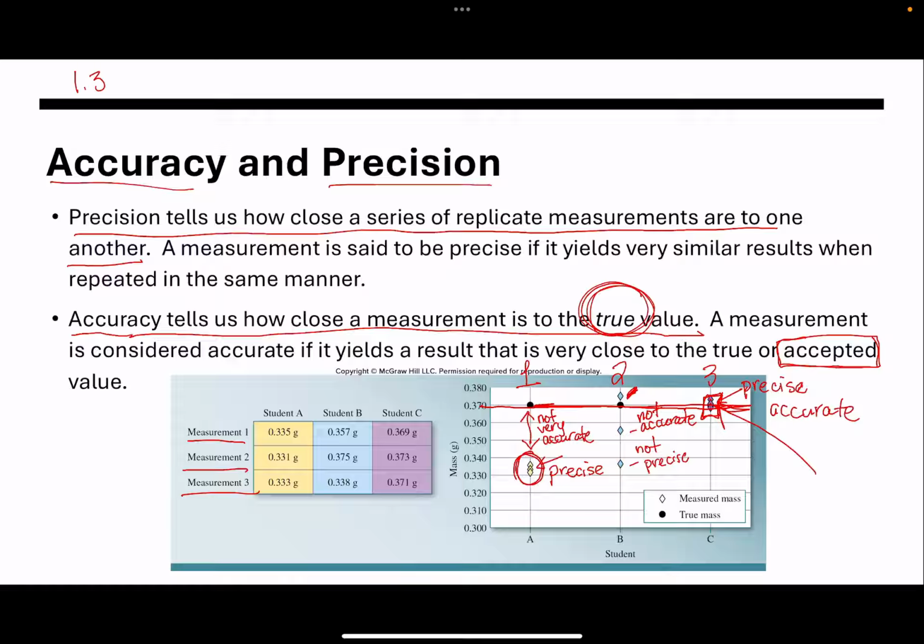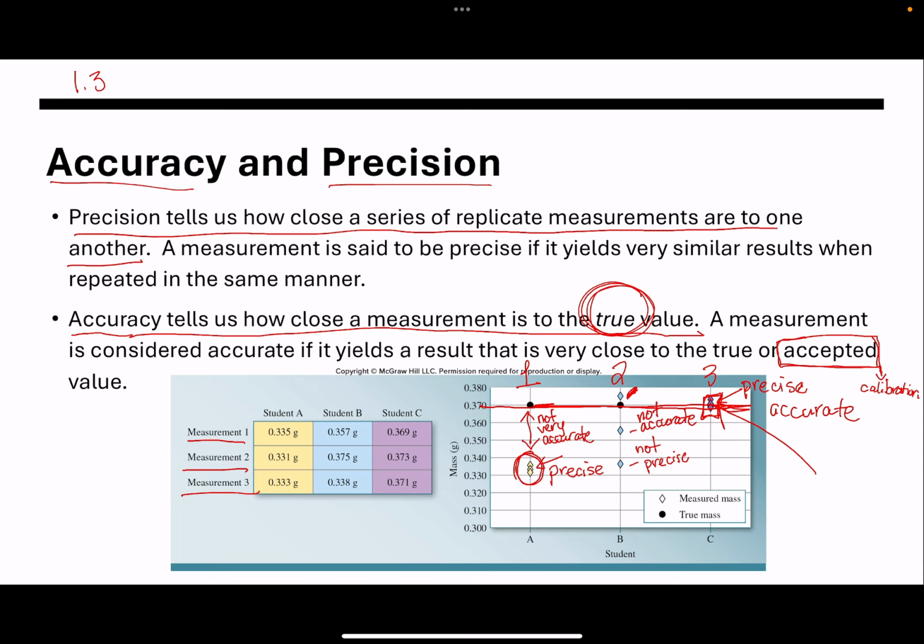So, to keep instruments close to the accepted value in the lab, we usually do something called calibration. That is where we get the instrument ready. Like with the balance, you would do this with a known weight, and you would make sure that it is reading correctly, and fix it so that it would be reading correctly.